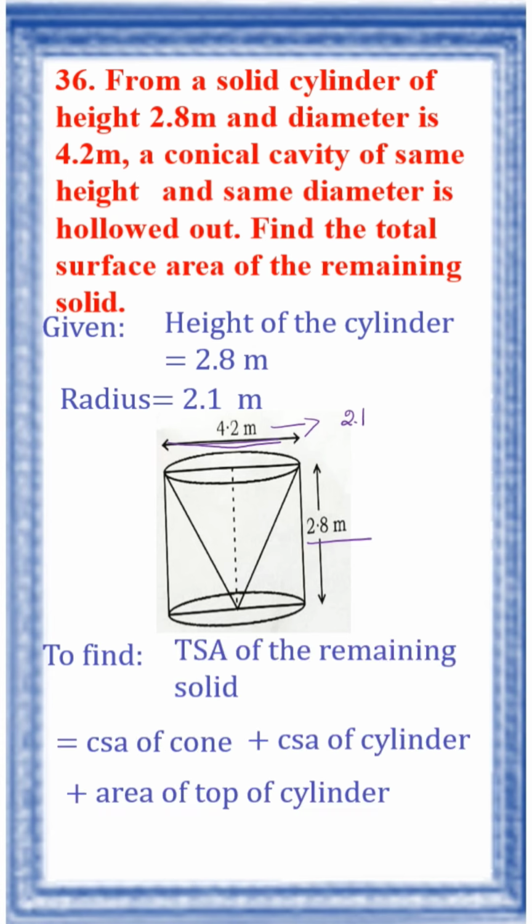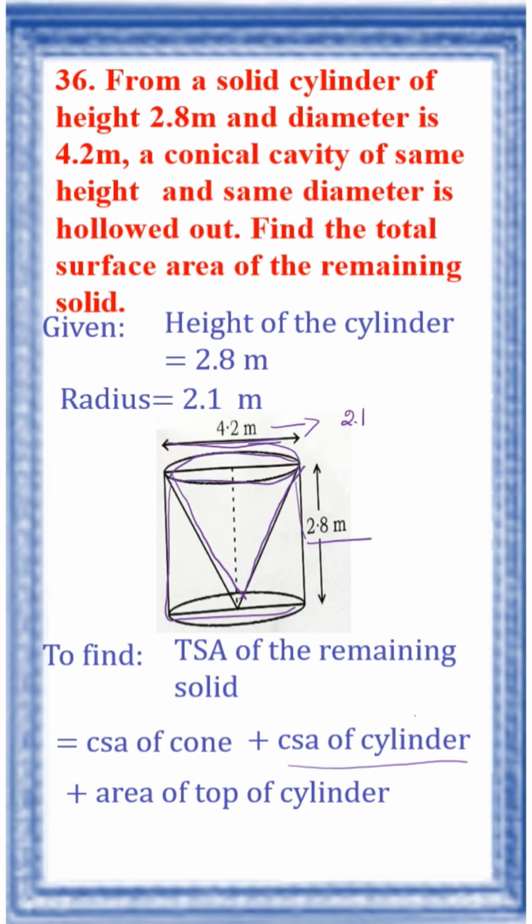Means we have to find the CSA of cone, this part, plus CSA of the cylinder, this one, plus area of the top of the cylinder, this part. That is equal to pi RL plus 2 pi RH plus area of the top of the cylinder, this is pi r square.